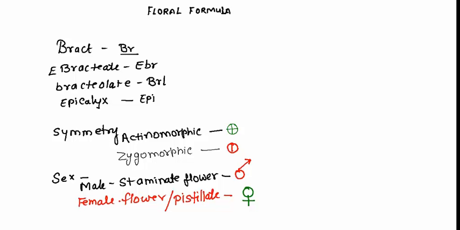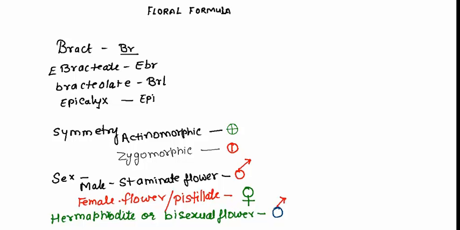If both sexes are present in the same flower, that is hermaphrodite or bisexual, the symbol is a circle having an arrow at the upper end and a plus sign at the base.